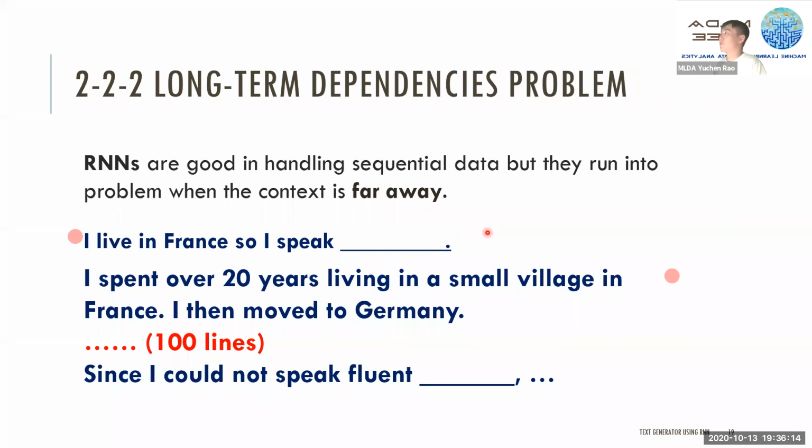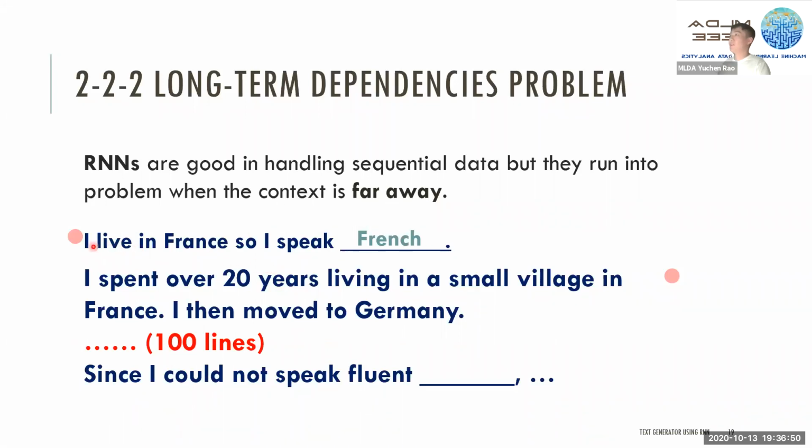They are good at handling sequential data, which we know, but they run into problems when the context is far away. When there are too many neurons inside, they don't have a good way to handle, for example, 10,000 words before the current sentence. If I want to predict the next sentence based on very important information, for example 100 lines before, it is hard for them.